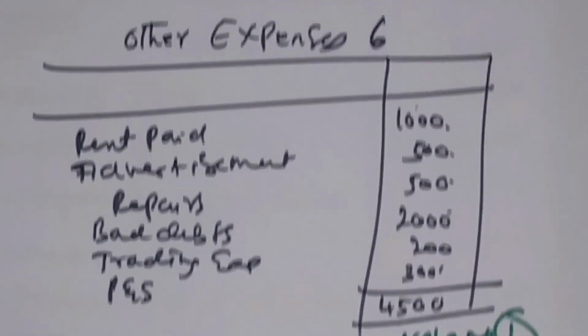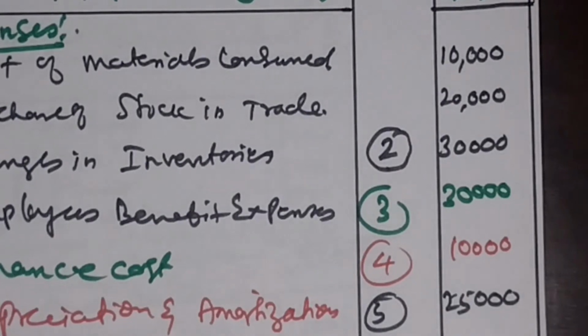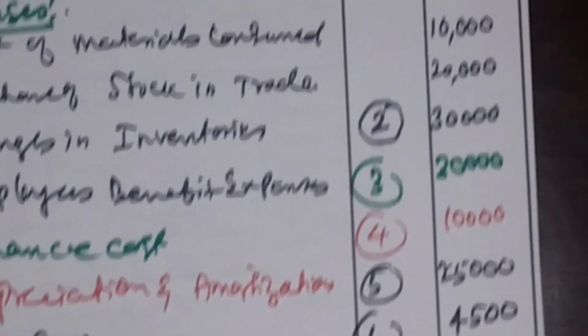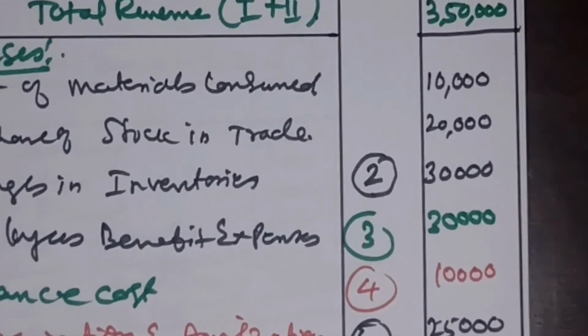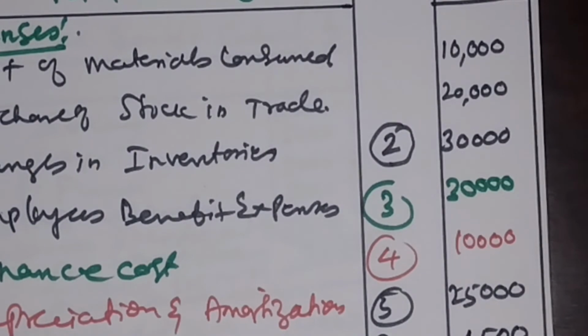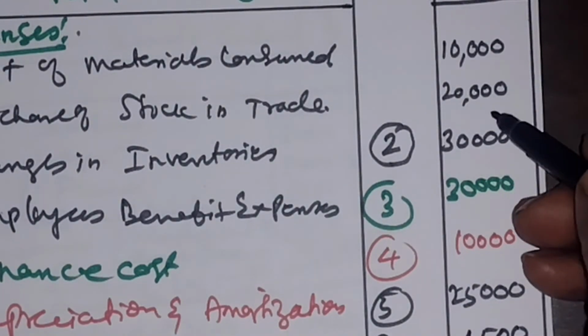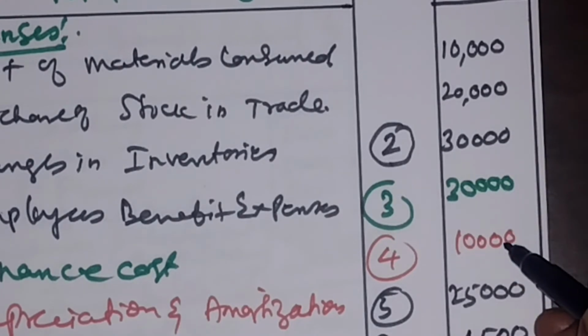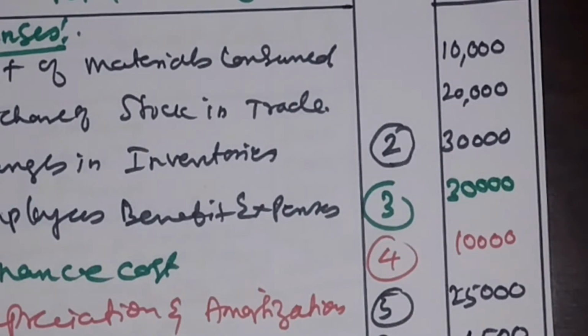Let me show it in note number 6, the other expenses, 4,500. Now I should make a total of all these: 10,000 plus 20,000 plus 30,000 plus 30,000 plus 10,000 plus 25,000 plus 4,500. All that we get we call the total expenses.